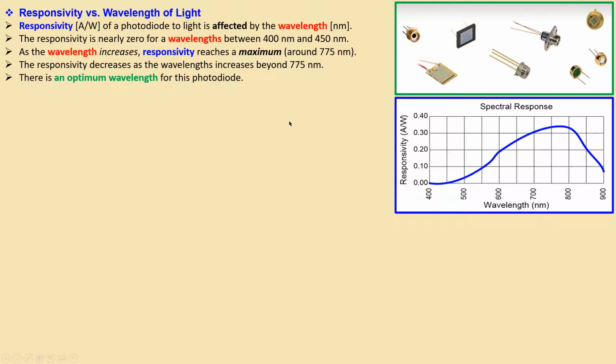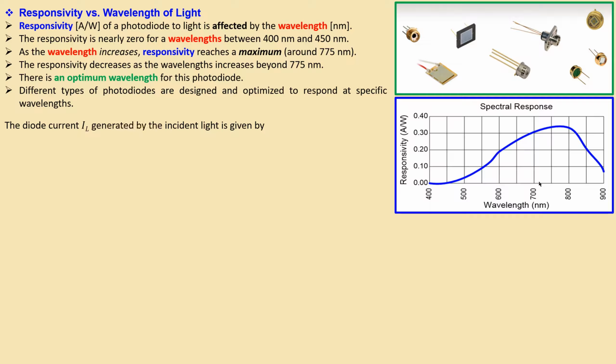Most photodiodes are optimized for a specific frequency and a specific wavelength. So in this frequency range or wavelength, you will have the maximum responsivity of your photodiode. Different types of photodiodes are designed to optimize for a specific wavelength or frequency.